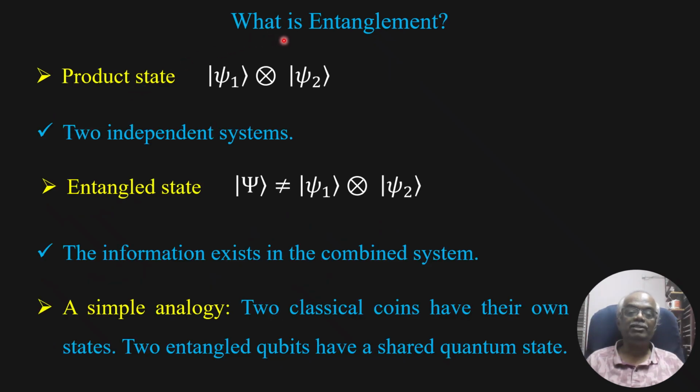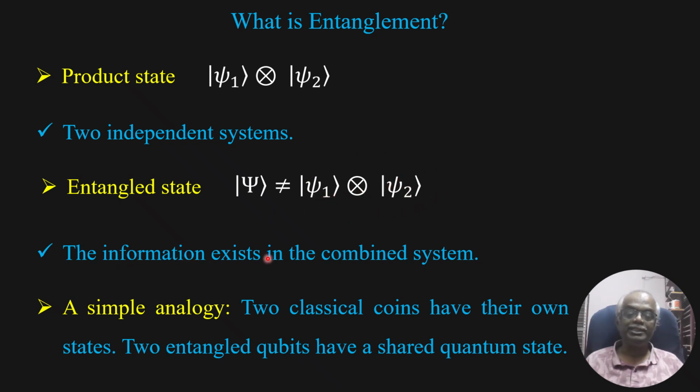Now we will see what is entanglement. There are two kinds of states. The first one is the product state. If you can make a product of two states, ψ1 with ψ2, remember that this is a tensor product, so these two are independent systems. Then what is an entangled state? Let us say |ψ⟩ is not equal to the tensor product of ψ1 and ψ2.